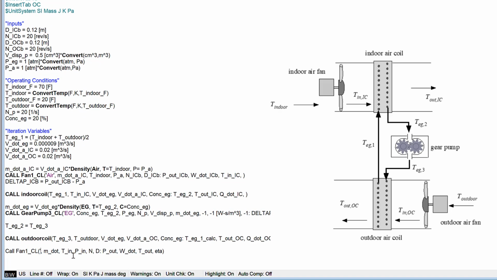This is air. This is the mass flow rate of the outdoor air. So this is m dot AOC is v dot AOC times density of air at T equals T outdoor, and P equals PA. This is m dot AOC.